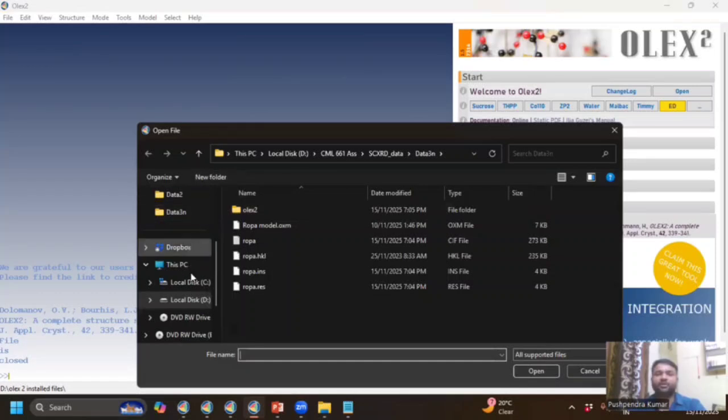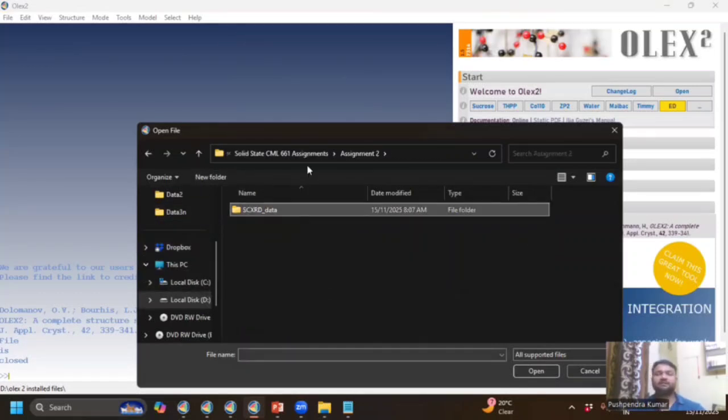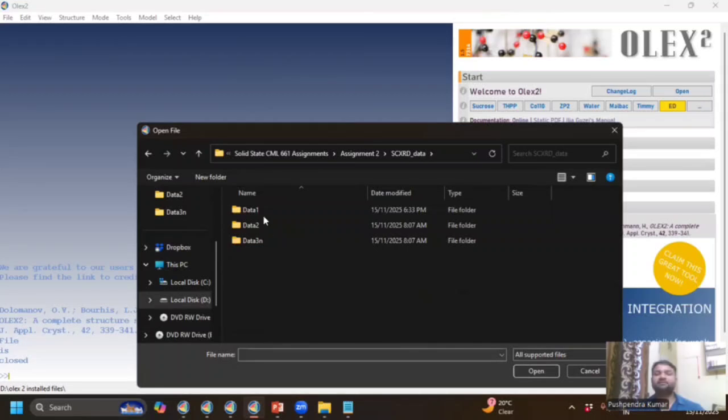So we open only the ins file. This is the single crystal XRD data given by the professor.